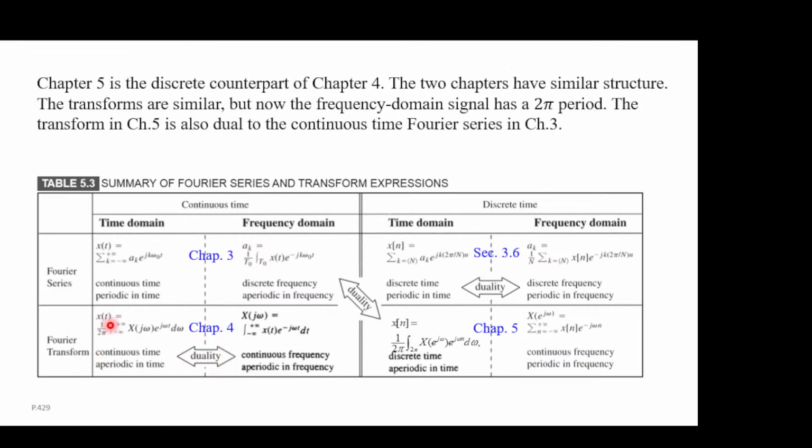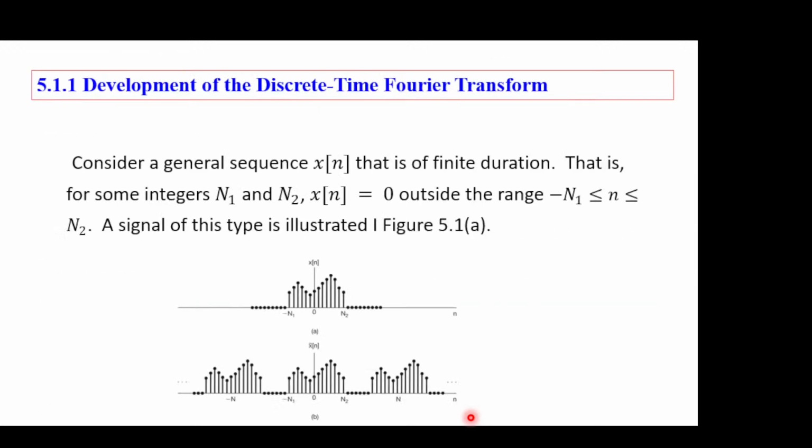So we say a non-periodic function is just a periodic function with a really long period. So we start with those, and we push the period to infinity, and then we get the Fourier transform. So now we'll do a similar thing. We'll start with a discrete time Fourier series and push the N to infinity to try to get the Fourier transform for a discrete time function.